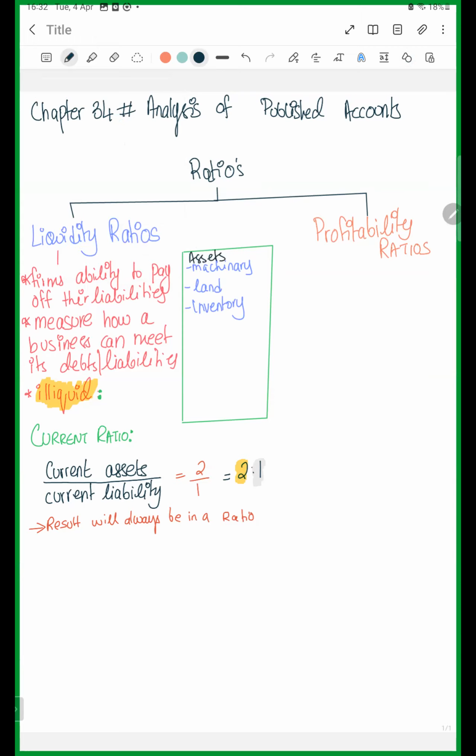However, if you look at the comment, it says this would be even more of a problem if some of its current assets could not be converted into cash easily.